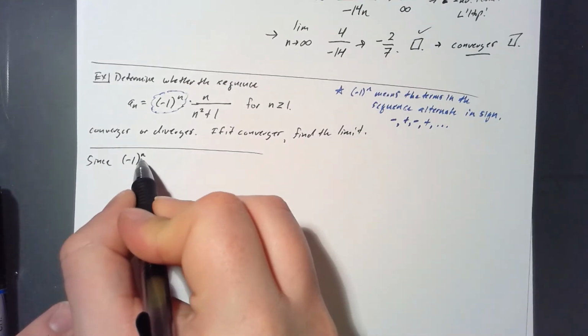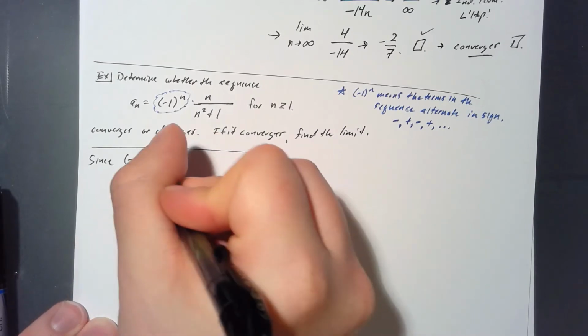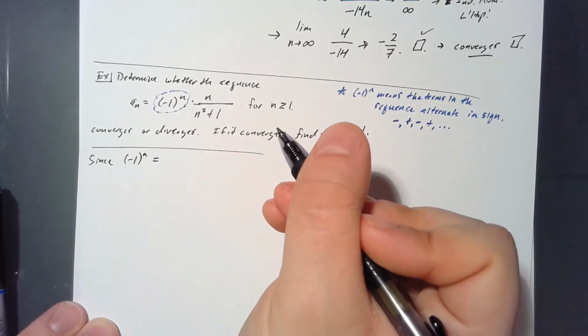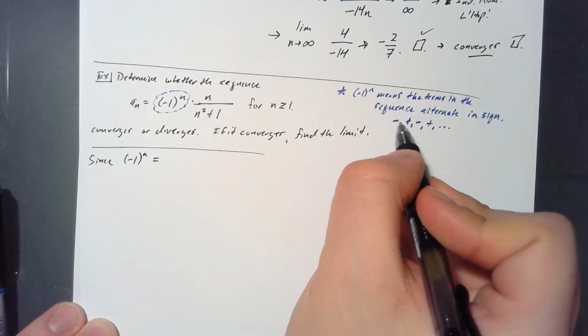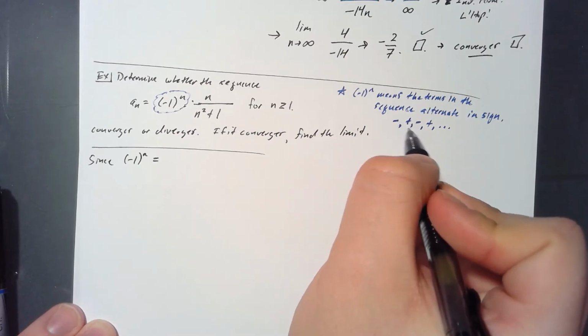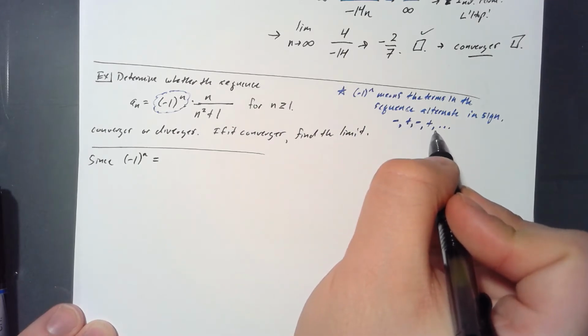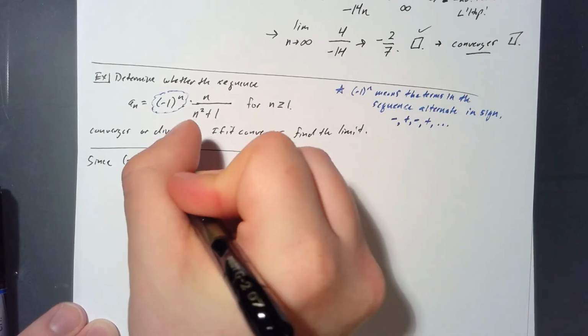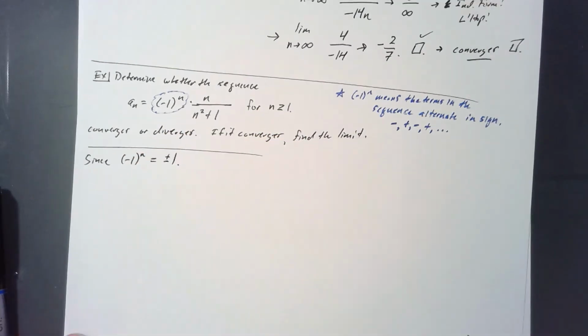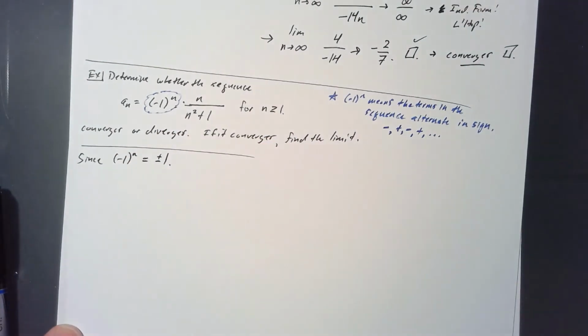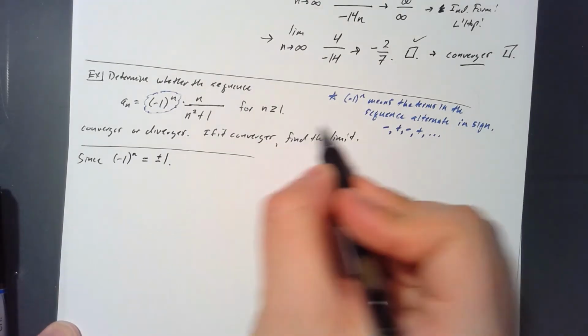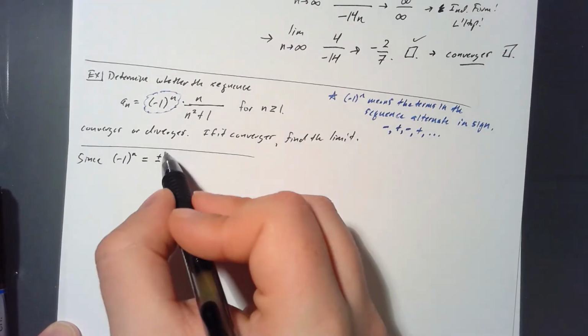So negative 1 to the n is just a way of saying it's going to equal either negative 1 or positive 1, and so on. It depends on which term I'm at, but that's what it means.